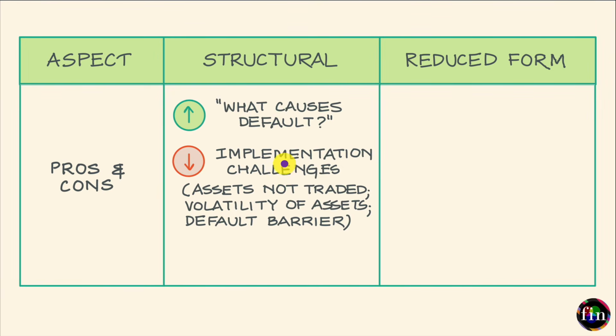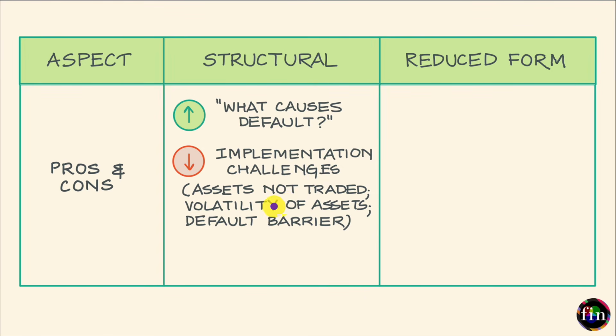For example, if I were to try and implement the simple Merton's model, which we just now talked about, for such a model, first of all, assets of the firm may not be publicly traded, and hence you don't know what the level of the assets is. Number two, and the trickier problem actually, is that the volatility of these assets may be not observable. Okay, this volatility has to be backed out using some other means.